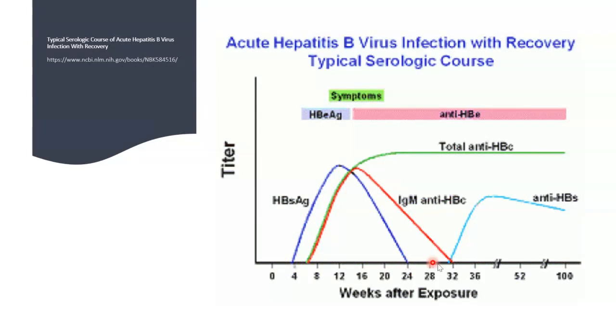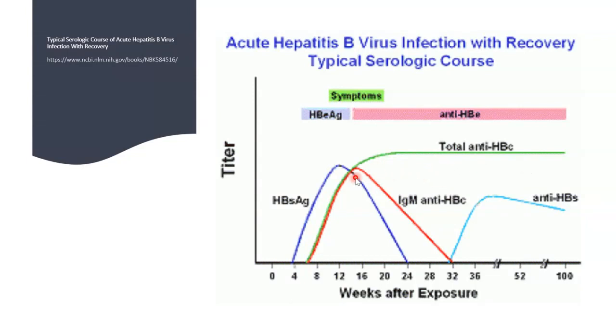Then there is this window period right here, which can be an indication. Sometimes if we draw blood during this window period, nothing is detectable, because as this HBsAg goes up, the antibodies to the hepatitis B antigen start to be made, and they start pairing, connecting to each other to help get rid of the virus.